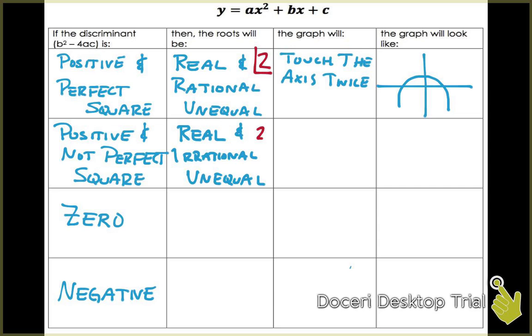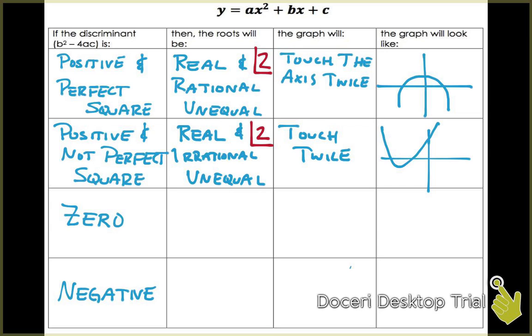So you are still going to have two different roots here. The graph is still going to touch twice. So again, it's going to either be a U or an N. It's going to come down and through like that, or like this, or like this. Whatever it looks like, it's going to go through the axis two times.